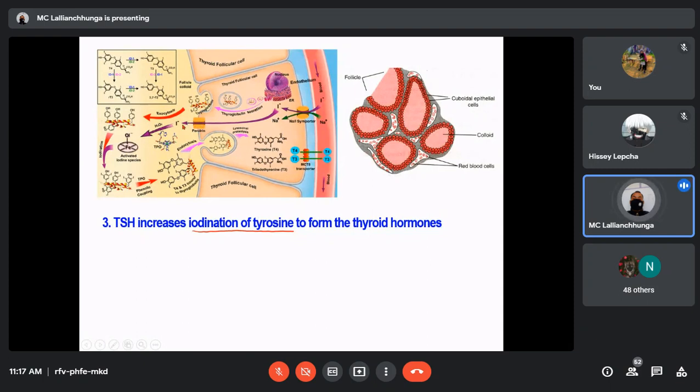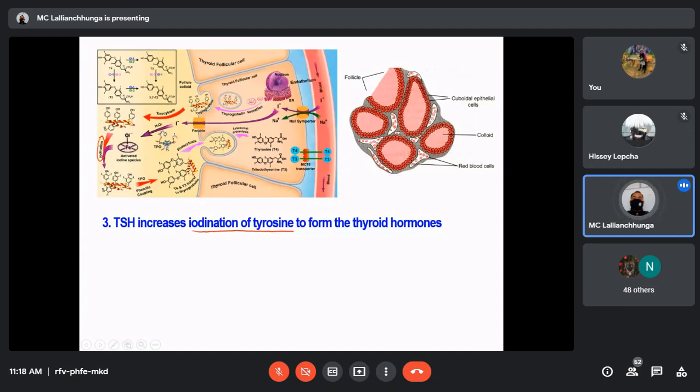Inside the colloid, the iodide is converted into its oxidized form, which we have already discussed. It should be in oxidized form so that it will combine with the tyrosine in the thyroglobulin. Here you can see iodination: the combination of iodine with tyrosine inside the thyroglobulin is also enhanced by TSH.